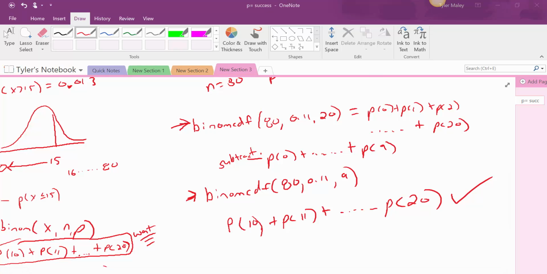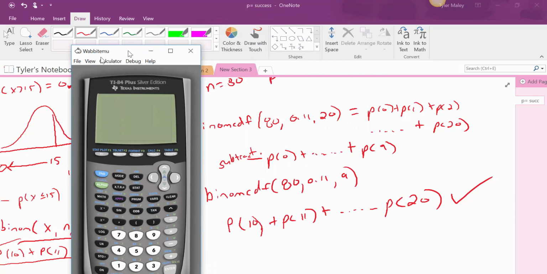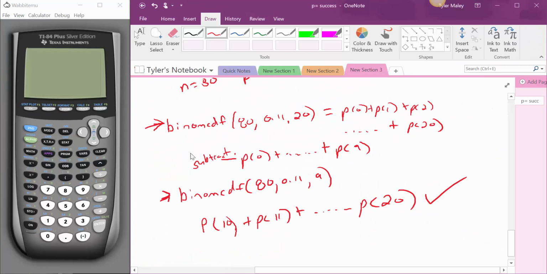So using the graphing calculator, I would go to second, distribution, and then we want the binom CDF, option B. The number of trials is 80. The p-value is 0.11.